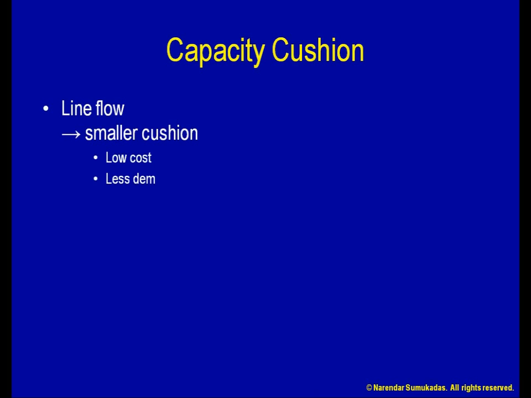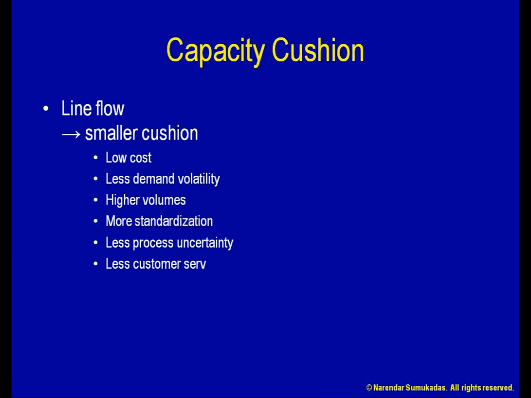More low-cost focus, less demand volatility, higher volumes, more standardization, less process uncertainty, less customer service, etc. In addition, high capital intensity also drives the need for greater equipment utilization or lower capacity cushion.